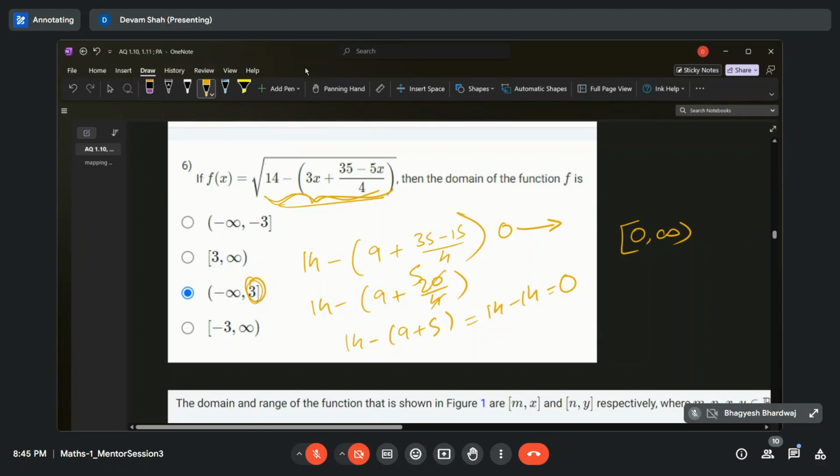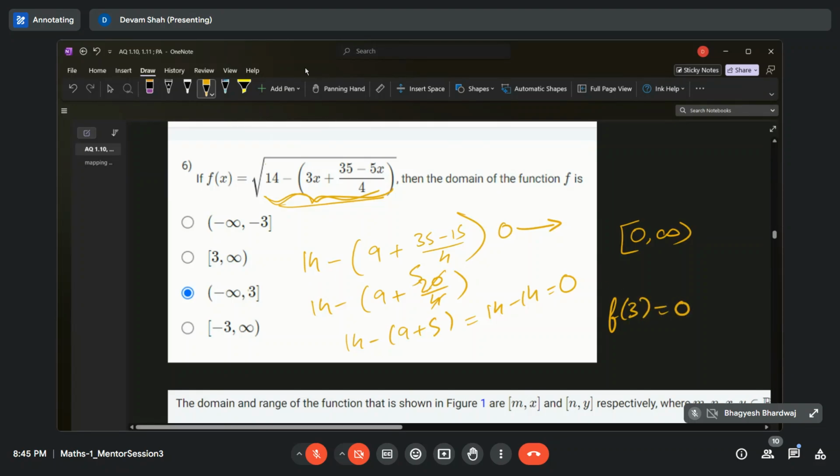So most of the time, while finding range, what you should do is find the minimum or maximum value of the function. For example, here this was the domain, right? What I did, I took the extreme value, that is 3, and I tried calculating the value at 3. So f of 3 equals 0.